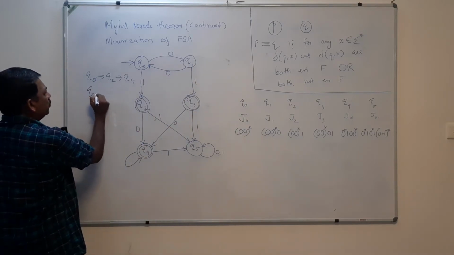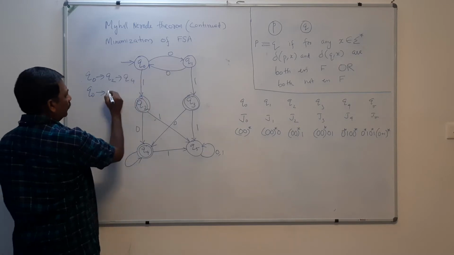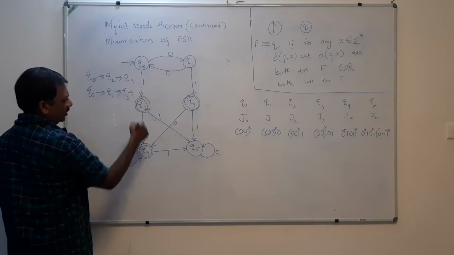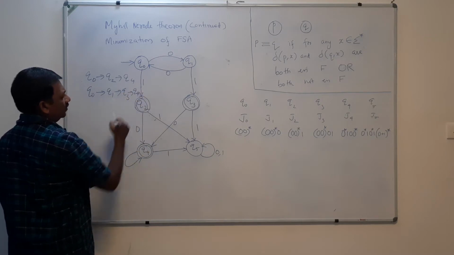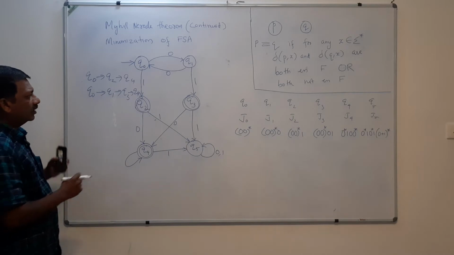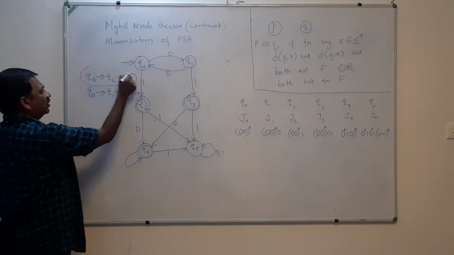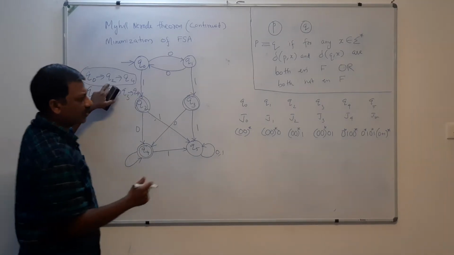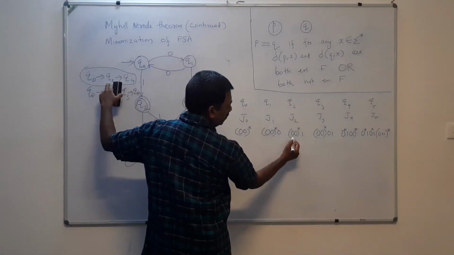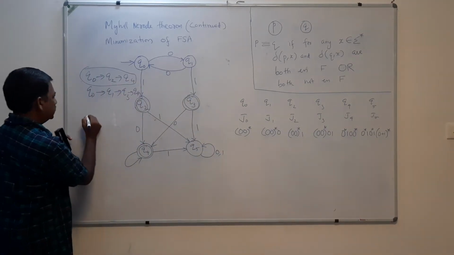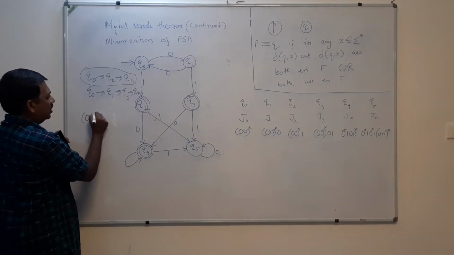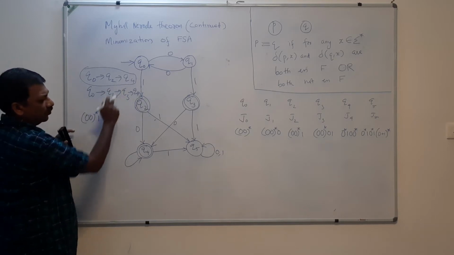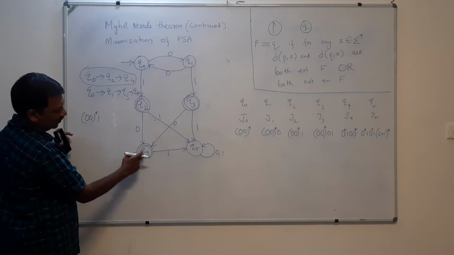For the first route, what is Q0 to Q2? Q0 to Q2 is (0 0) star 1, and after that Q2 to Q4. What is Q2 to Q4? Q2 to Q4 is 0.